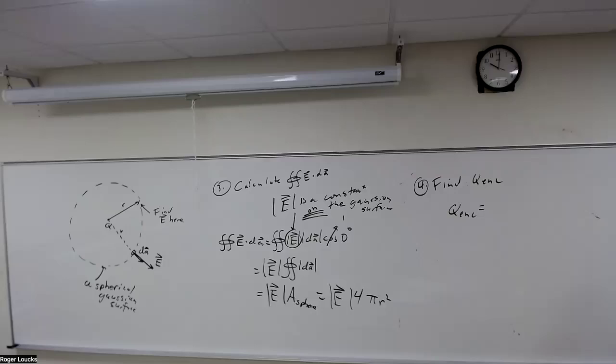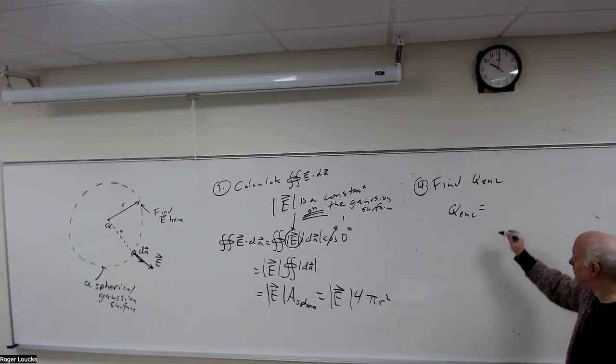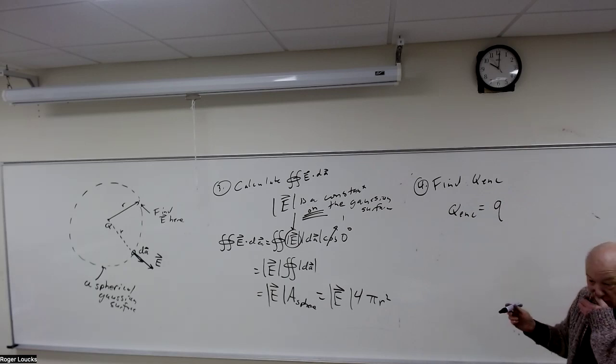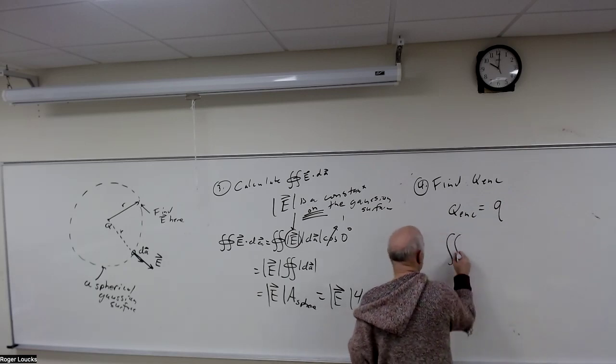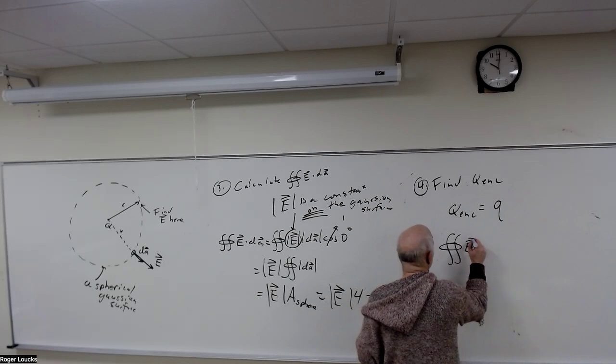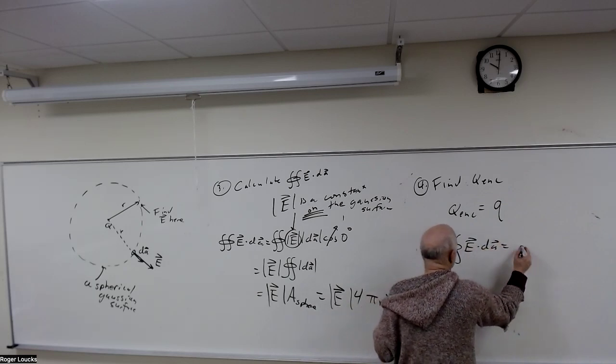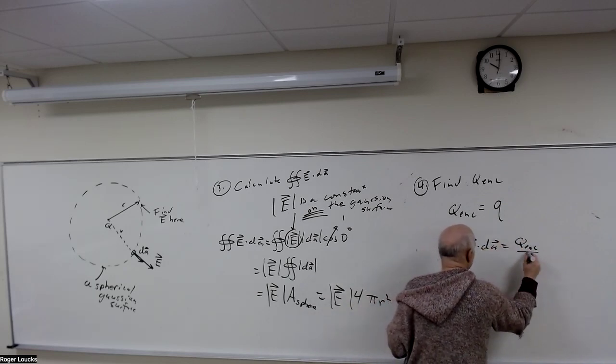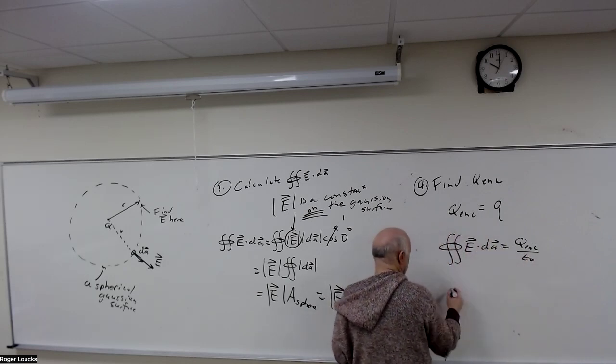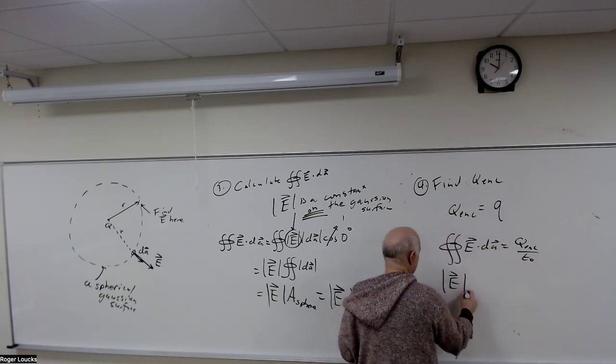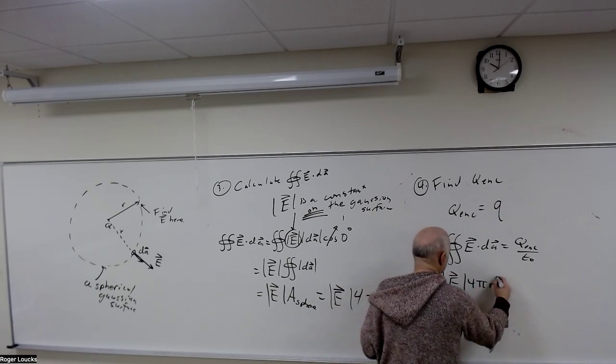It's just Q, done. Then use Gauss's law. So now we know that this is the case: the magnitude of E times 4 pi r squared.